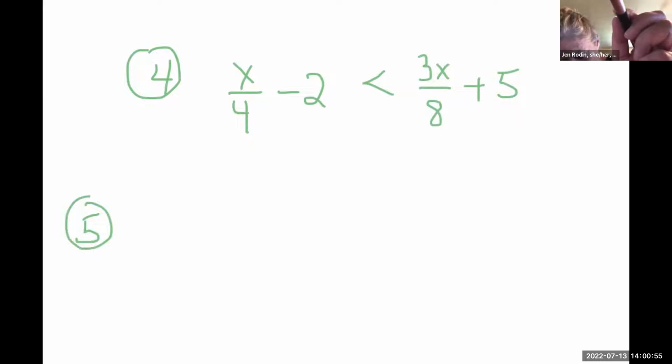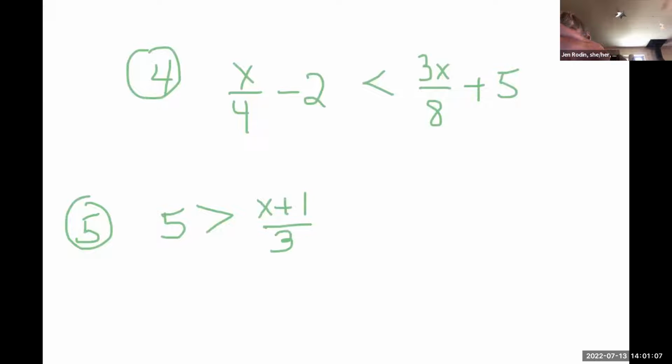And then one last one that's a double inequality: 5 is greater than x plus 1 over 3, which is greater than 0. That's a little bit fractiony. You could have fractions there too on the sides.